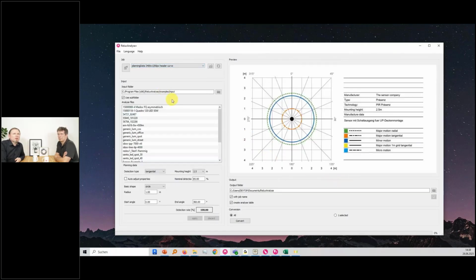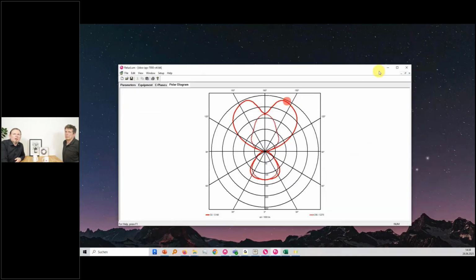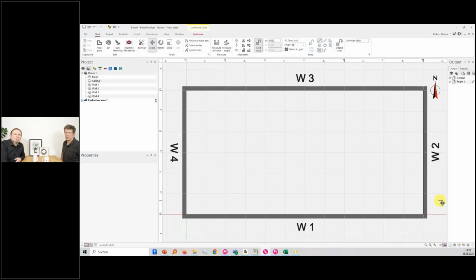It's not for individual lighting designers. If you are a lighting designer, it's easier to jump into ReluxDesktop with the files, or use QLum or ReluxLum or something like this to get hands on this stuff. But if you have tons of this data and you want to express it in a batch, then you can have tools like this.